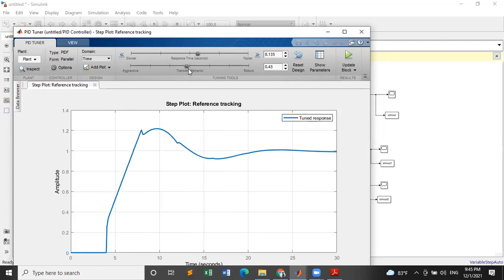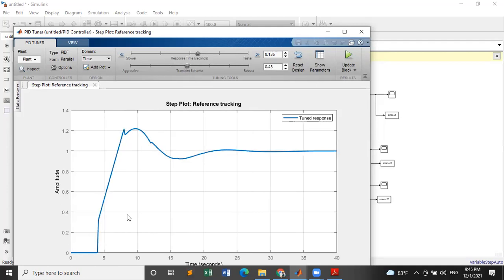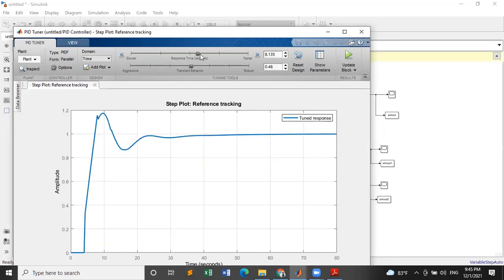I think anyway there's a delay here, right? So with the delay, we can't make the thing very accurate. So we have to make it a bit robust. When we make it robust, there's a chance that the system has overshoot, undershoot, but I think this will do, right? So we'll update this with these KP, KI, KD parameters.